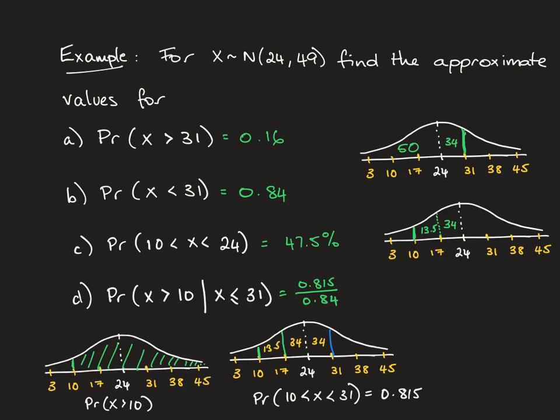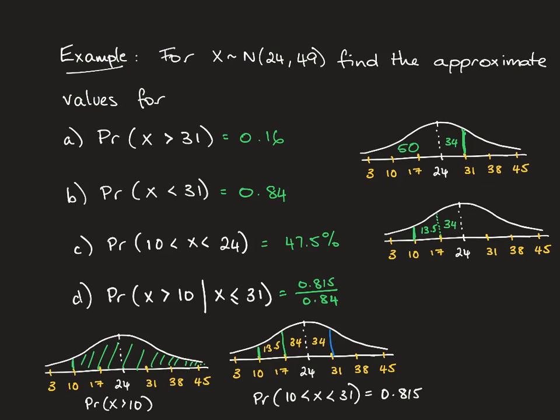Okay, how did you go? So greater than 31 is this section up here. We've got 0.84 down this end, 0.16 up here. For the difference between the two, just add up the two values. For the probability that x is greater than 10, which is this way, given that x is less than 31, which is back this way, here we need to find the intersection between the two.